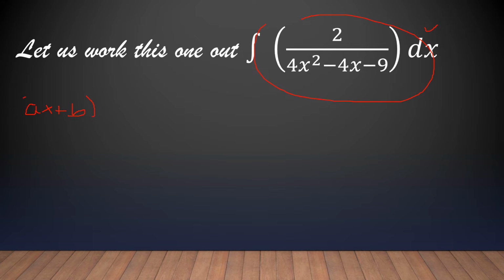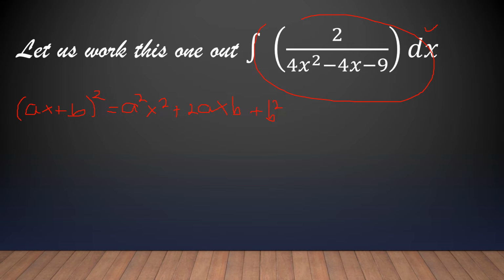Okay, so when I square this, the expansion of this will be a squared x squared plus 2xb plus b squared.